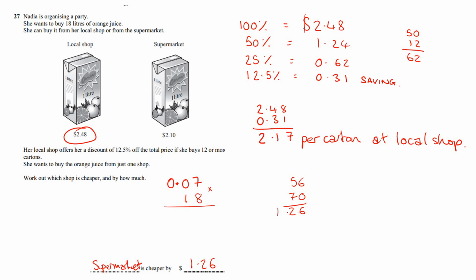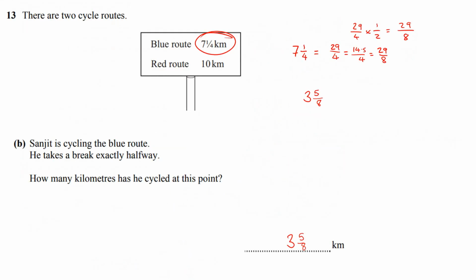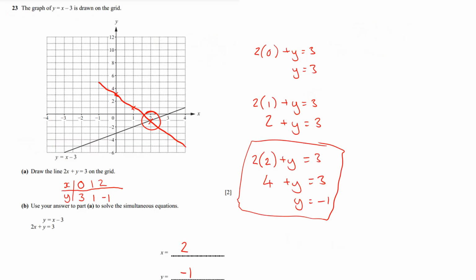Let me just run through the names of the topics so that you can research them on Corbett. With this one, it would just be to do with dividing mixed numbers. There's nothing crazy going on there. With this one, this would be plotting straight lines using an XY table. So if you go on to Corbett and you search XY, you'll probably find the right sort of stuff.